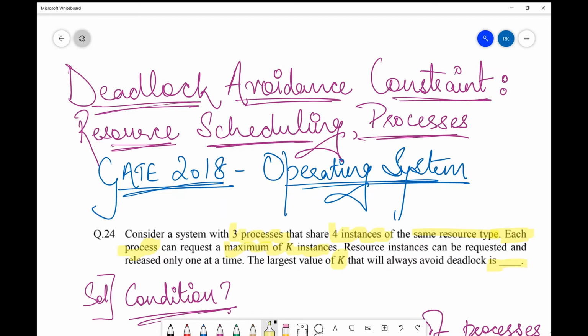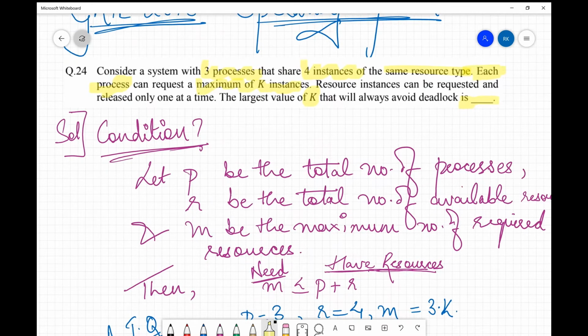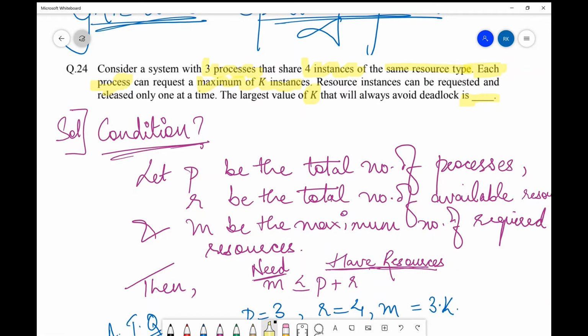When we studied deadlock avoidance, there was always a condition. So the condition is this. The maximum need will always be less than or equal to the resources you have plus the processes you have, because the processes are sharing the resources.